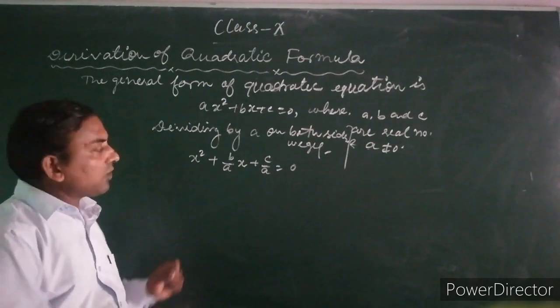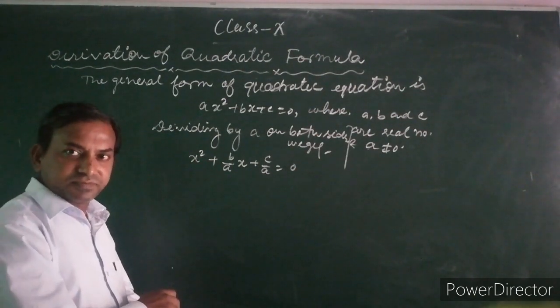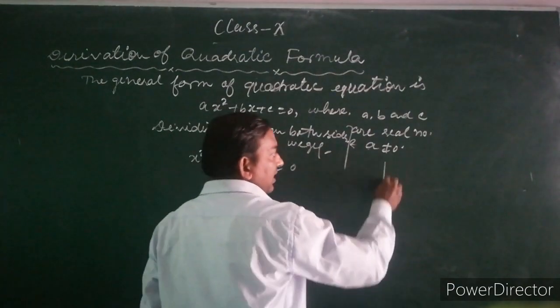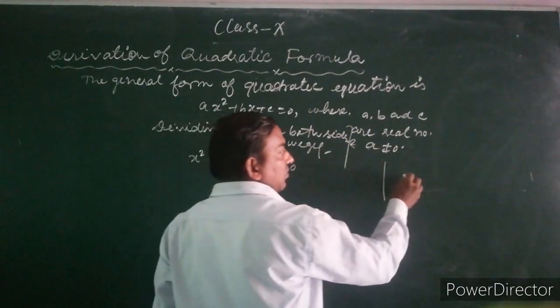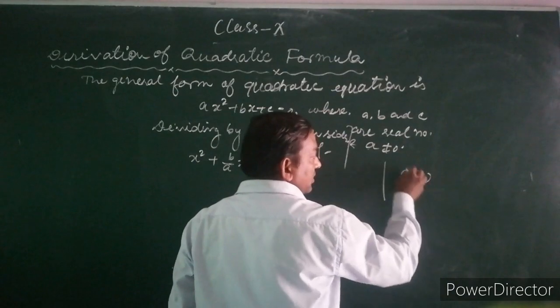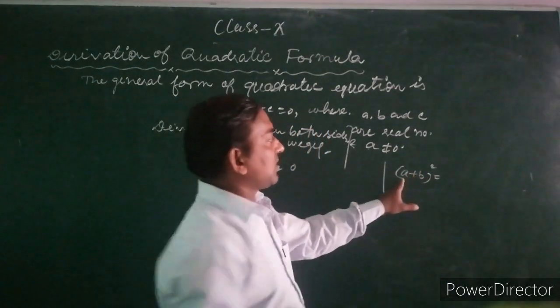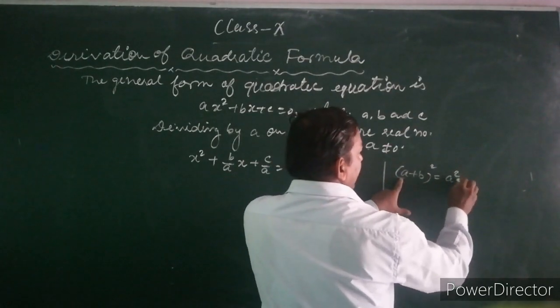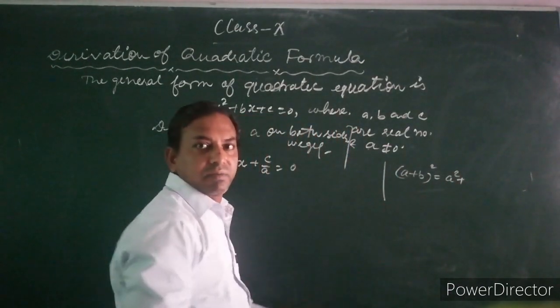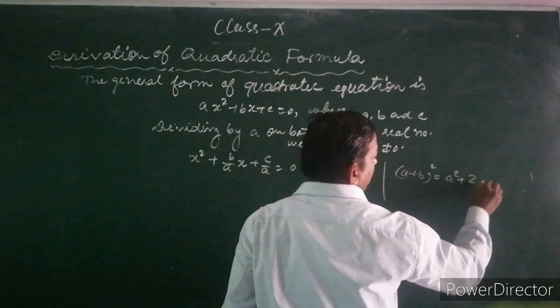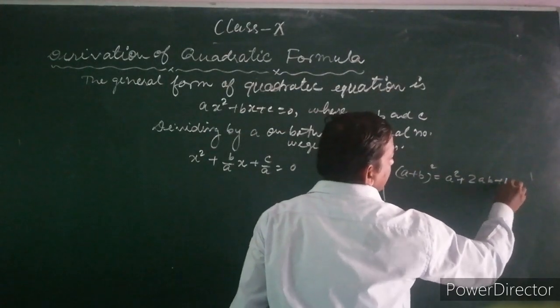Clear? How can you make a perfect square? Perfect square means, earlier you know, the value of a plus b whole square. This is a perfect square. a plus b whole square is equal to a square plus 2ab plus b square.